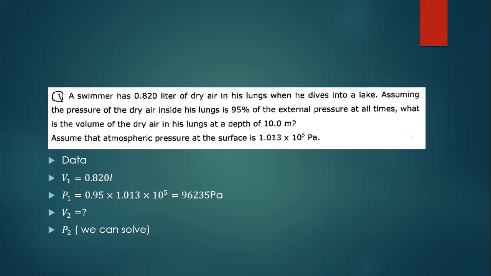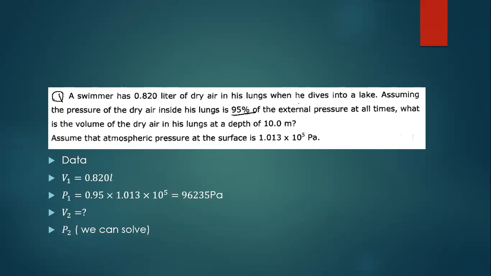So we have a swimmer. Volume has been given in liters, and they dive into the lake. We know the pressure of dry air is inside the lungs. They have also told us something special: assuming the pressure of the dry air inside the lungs is 95% of the external pressure at all times. So they have even given us this condition, 95%.